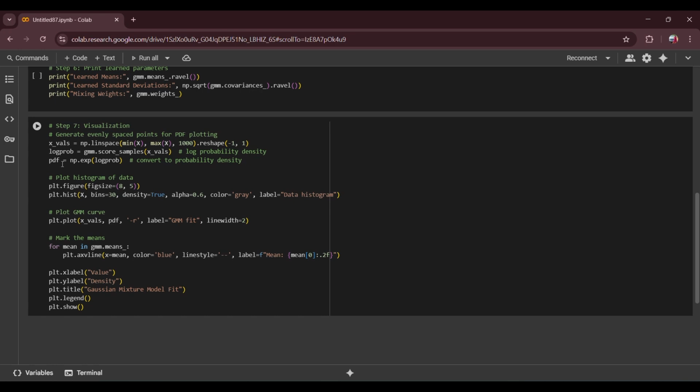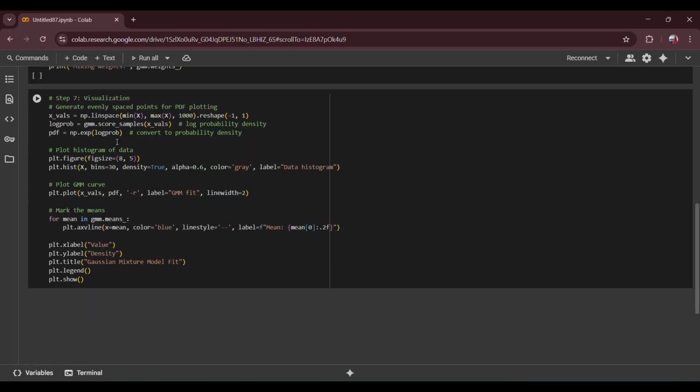Here you can see gmm.score_samples, which gives the log of the probability density for each point. We exponentiate it to get the actual probability density function.